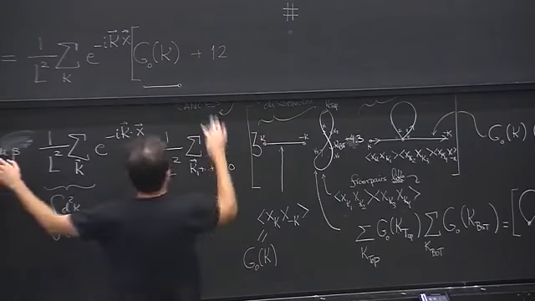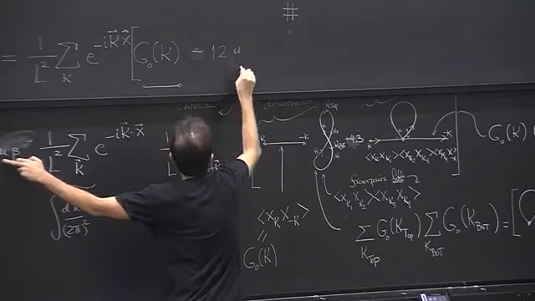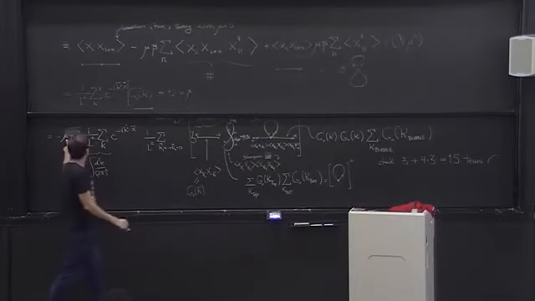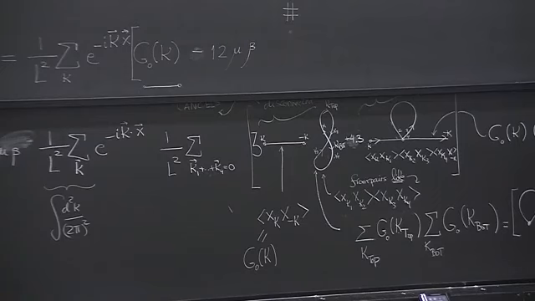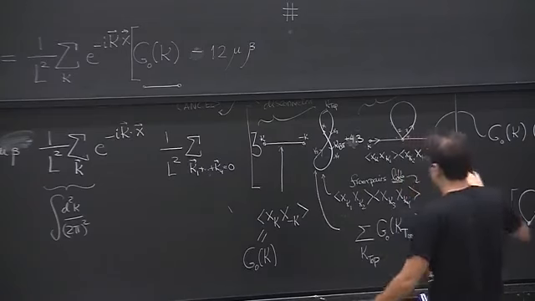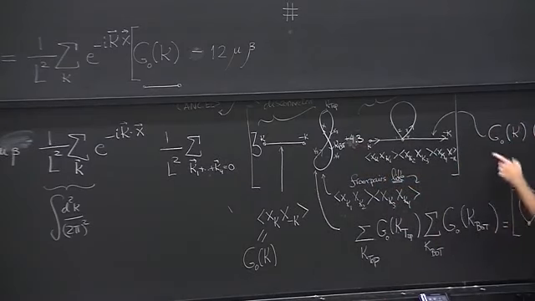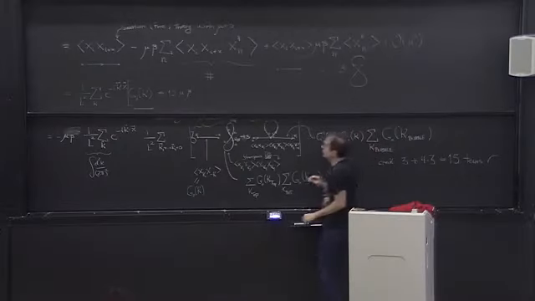There was a minus sign, so minus 12 mu beta. 12 mu beta. And then we got, this was this term, G0, G0, and G bubble.